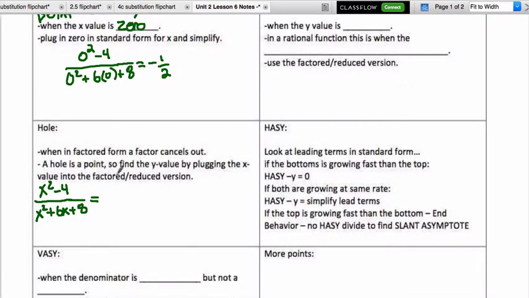Notice that the numerator is a difference of squares, so I'm going to factor that as x minus 2 times x plus 2. And then the bottom I can factor as x in the front, and then I need to come up with something that multiplies to 8 and adds to 6. So that would be 4 and 2.